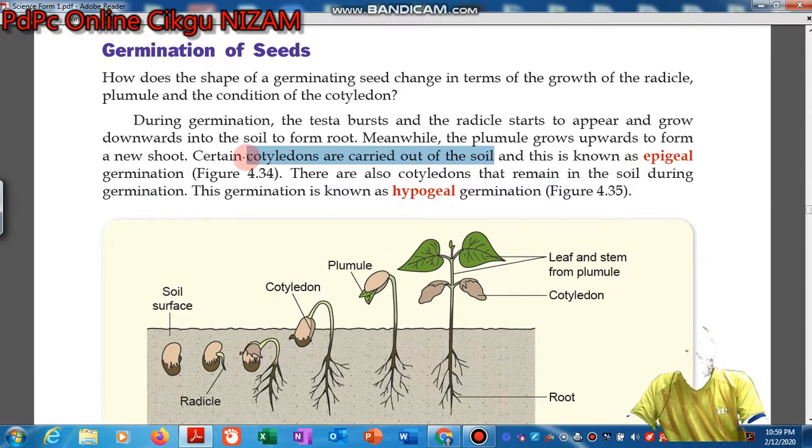In epigeal germination, the cotyledons will be carried out of the soil.